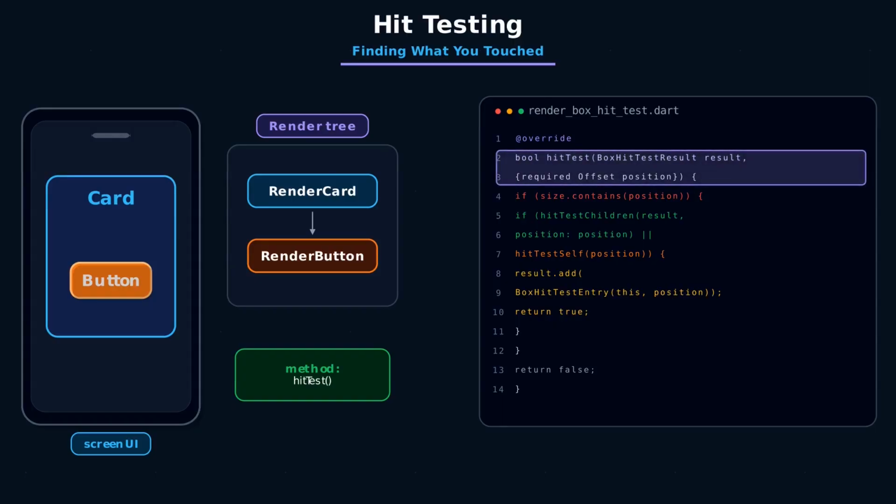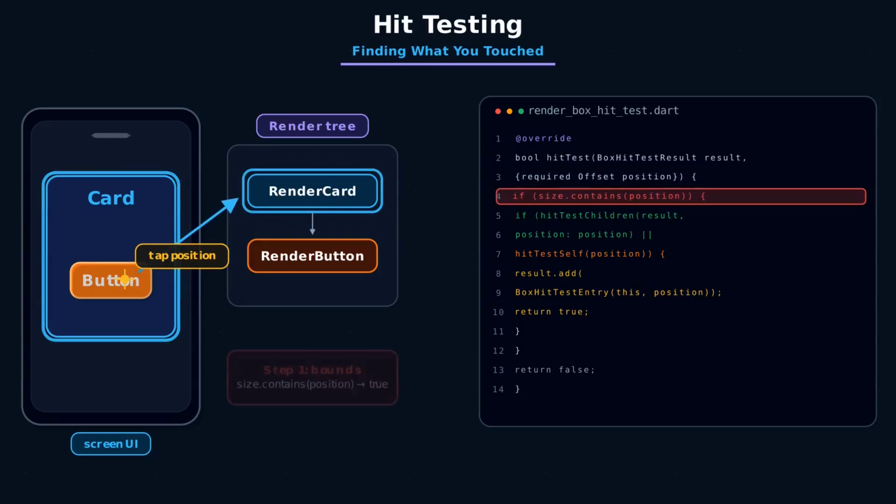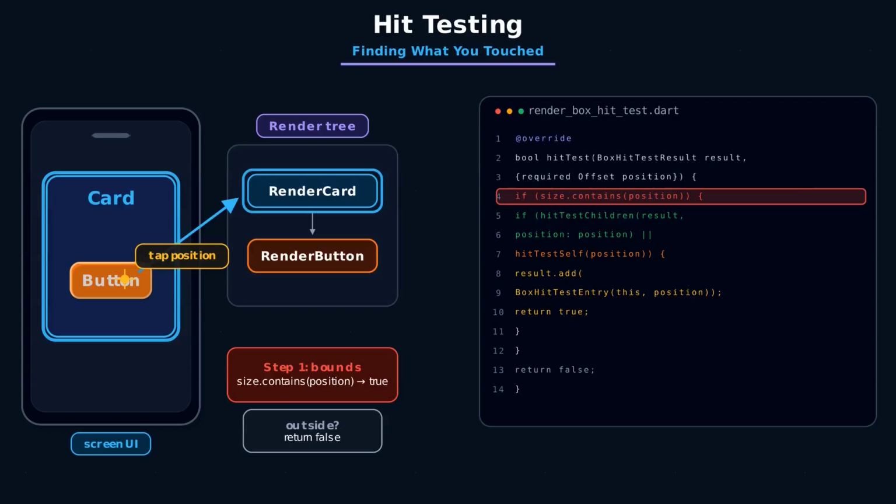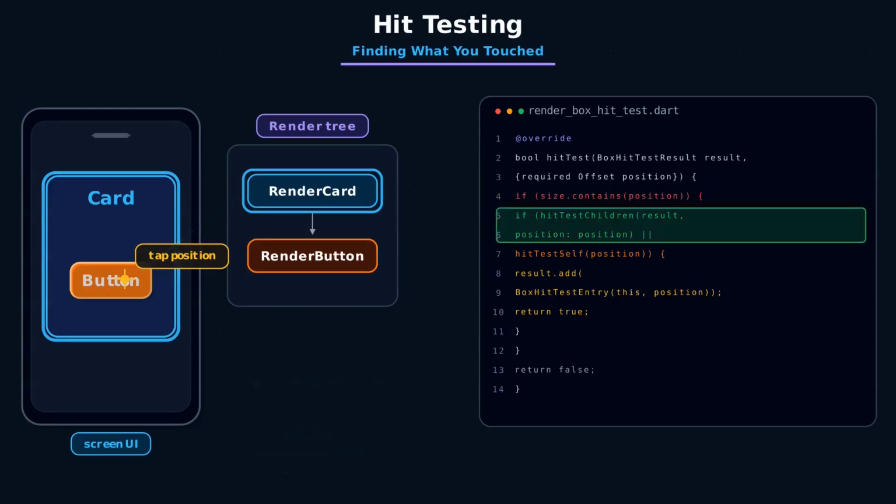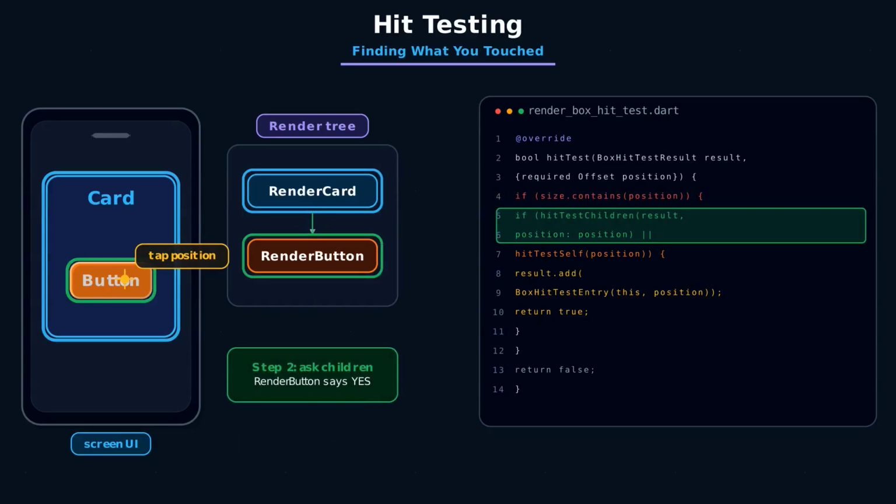Here's what this hitTest function is doing. First, Flutter receives a tap position. Then the RenderBox asks, is this tap inside my size? If the tap is outside, the answer is immediately no, and the function returns false. But if the tap is inside, Flutter continues checking. First, it asks the children, did any child get tapped? If one of the children says yes, then this render object is part of the hitTest path.